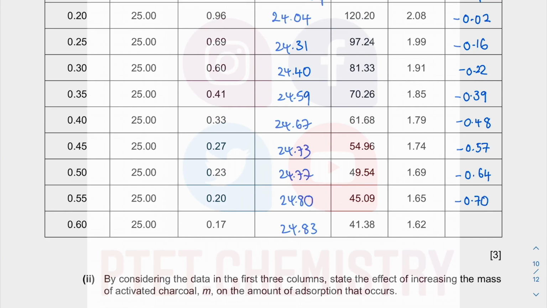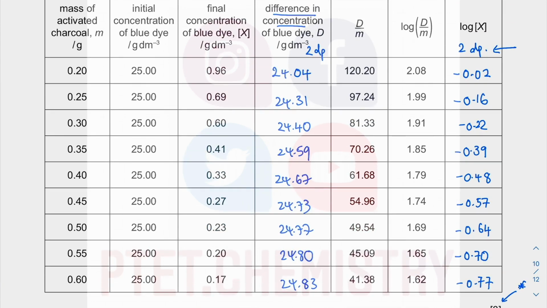So 2 decimal places, 0.70. This is 0.77. Okay, so I guess for 3 marks it's not so bad, just filling in the table. Try not to make any mistakes, and 2 decimal places is one of those things that people can make a mistake in. So what's the point of me writing 2 decimal places there if I'm not going to remember doing it, right? That's why we read the question.